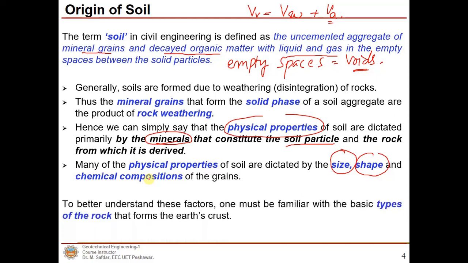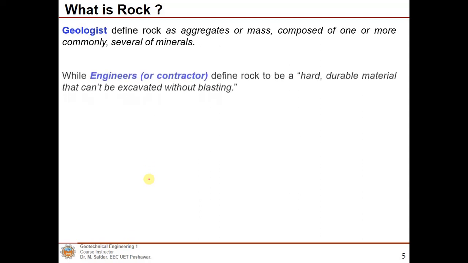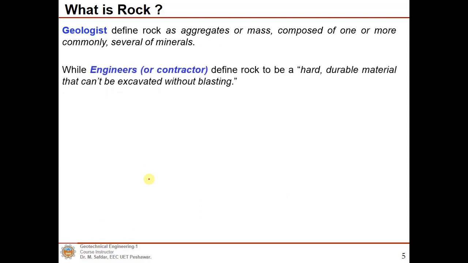Now, to better understand these factors, one must be familiar with the basic types of rock that form the earth crust. Now, what is a rock? Geologists think that it's an aggregate or mass composed of one or more minerals, while engineers or contractors define rock to be a hard, durable material that can't be excavated without blasting.